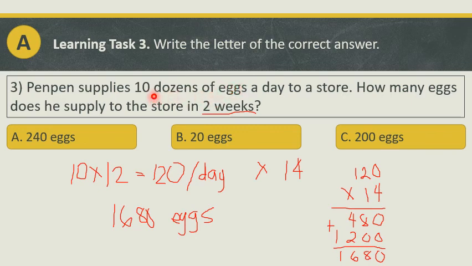So, dito po kasi, ang tanong ay how many eggs, hindi naman how many dozens of eggs. Kung dozens of eggs ang tanong, dapat to ay 10 times 2 lang, which is 20. 20 dozens of egg. So, since ang tinatanong dito is ilan yung isa-isang egg, hindi siya dozens. So, ang answer po natin is 1,680 eggs.